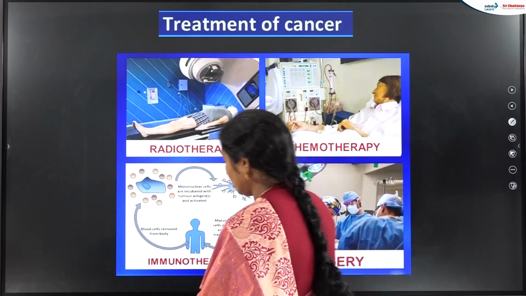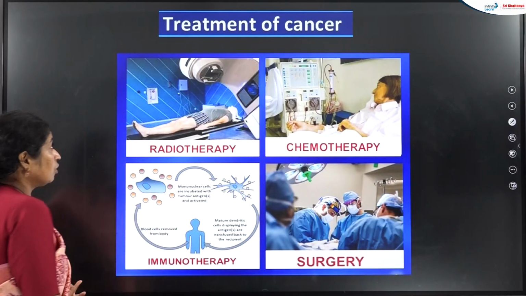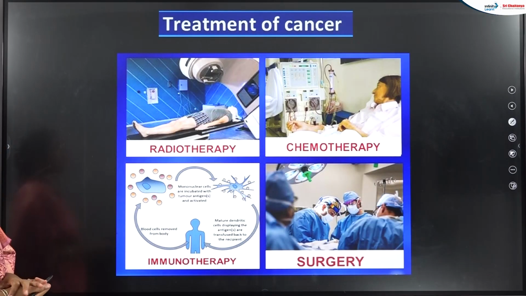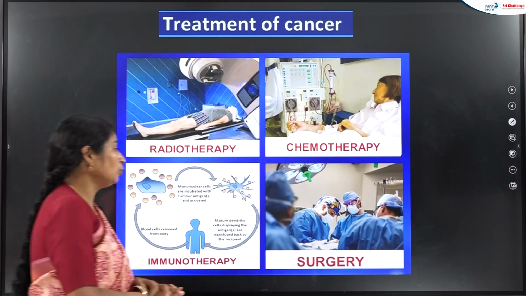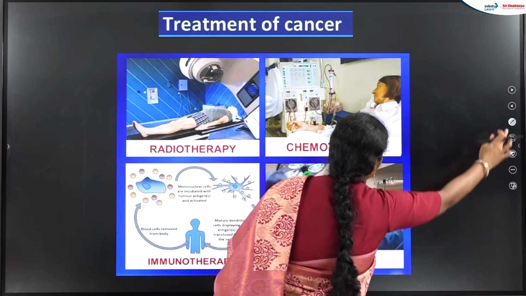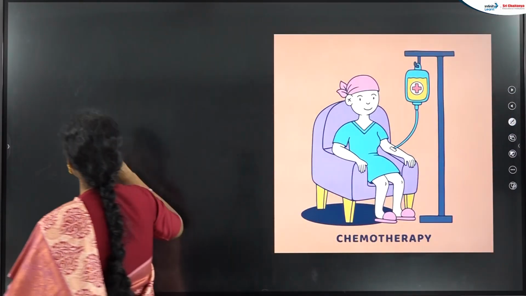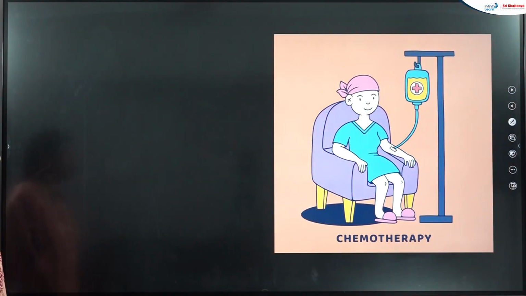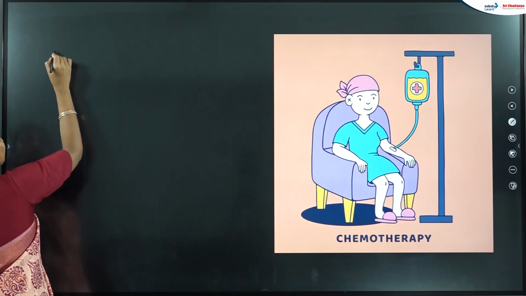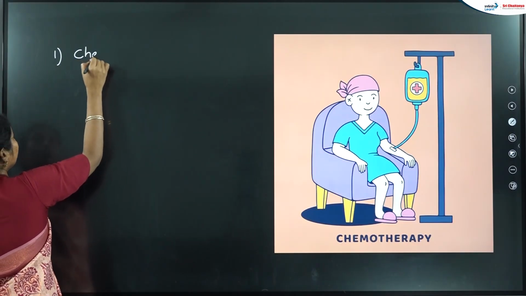Next one is treatment. There are different types of treatments: radiotherapy, chemotherapy, immunotherapy as well as surgery. Surgery means, as we already know, removal of the tumors from the body. Next one is chemotherapy.